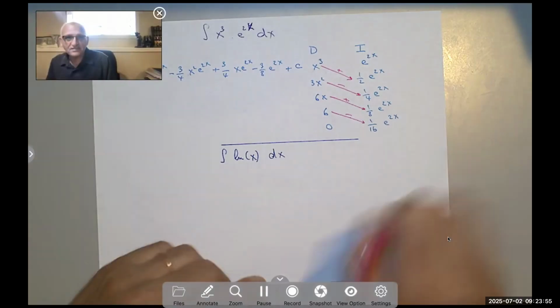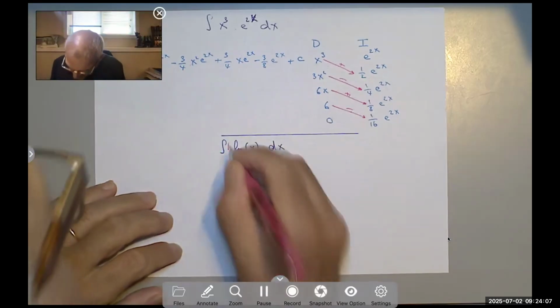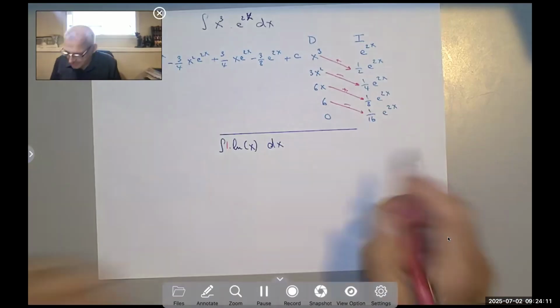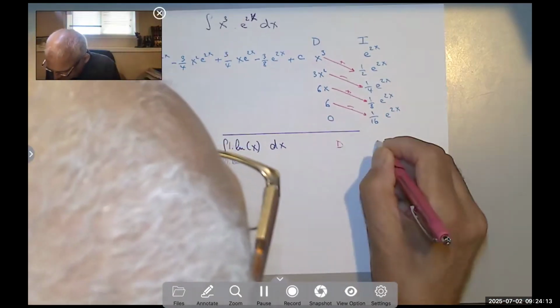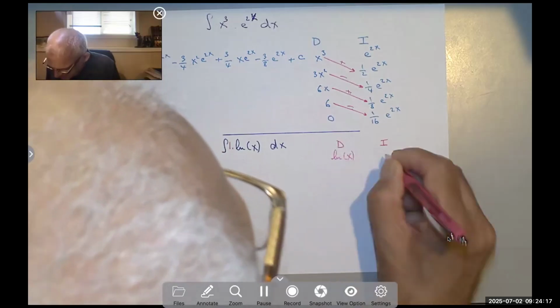Here's the trick. If you have something that you know how to differentiate, but you don't know its integral and there is nothing multiplied by it, multiply it by 1. In fact, dx is 1 dx, right? And you would say then, here is the derivative, here is the integral, that's natural log of x, and that's 1.